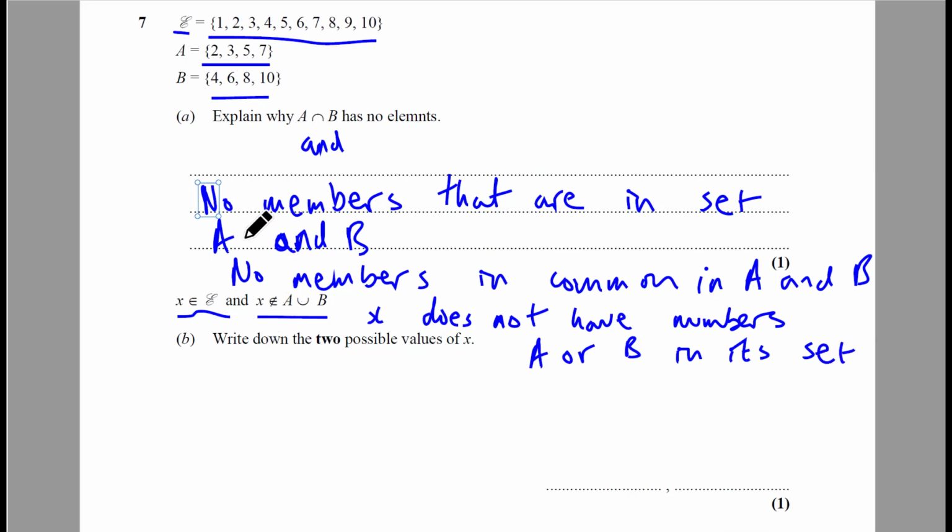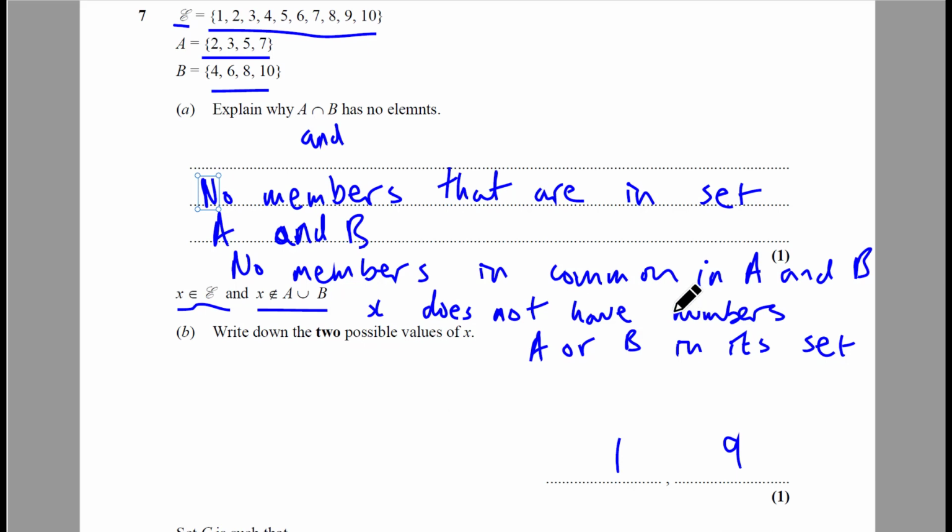So, let's see what's A. A's got 2, 3, 5, 7. B's got 4, 6, 8 and 10. X doesn't have anything that is in A or B. So the only numbers that are not in A or B, you should be able to see, are 1 and 9. And that's how you do question 7.